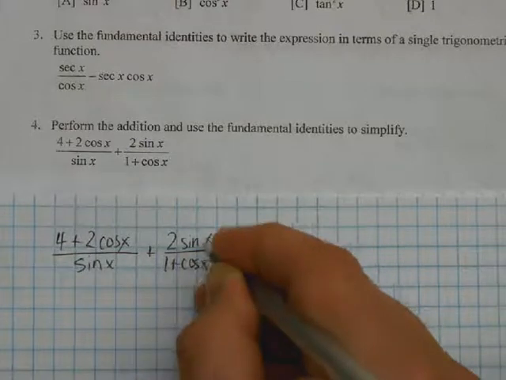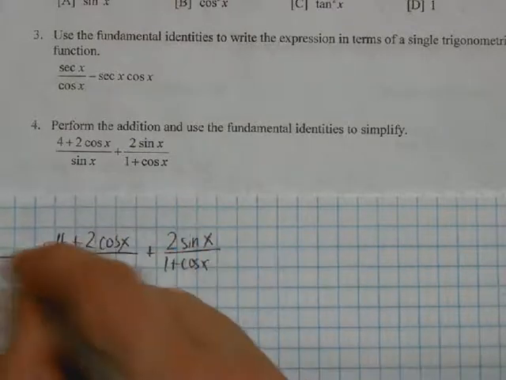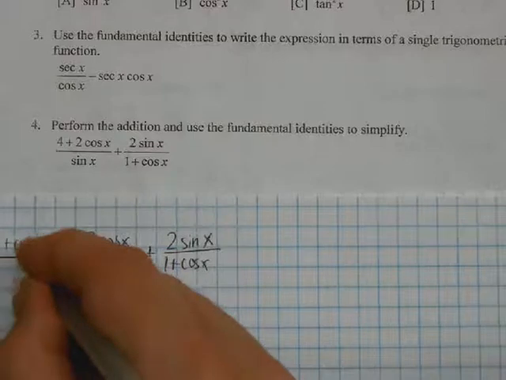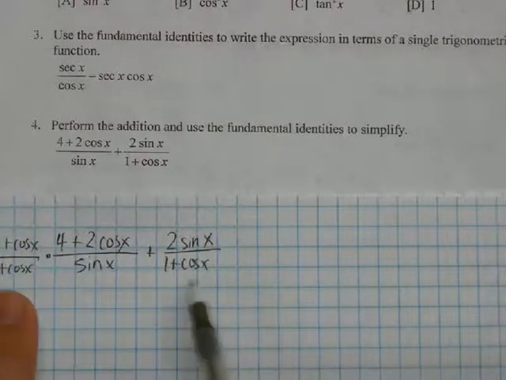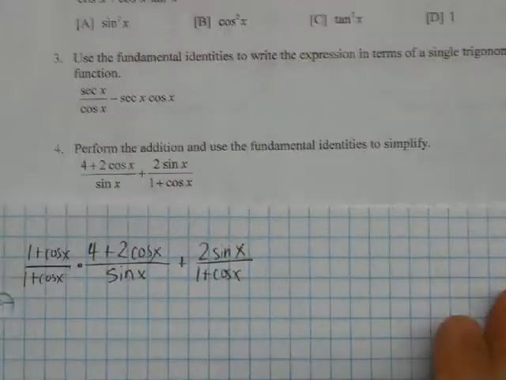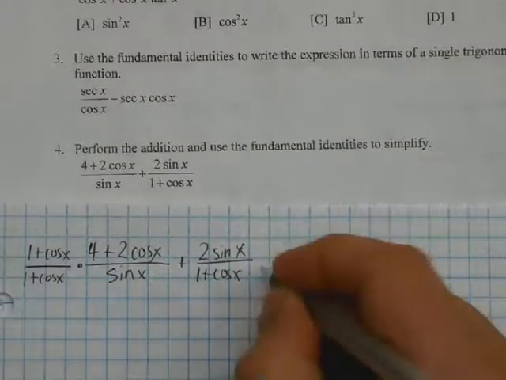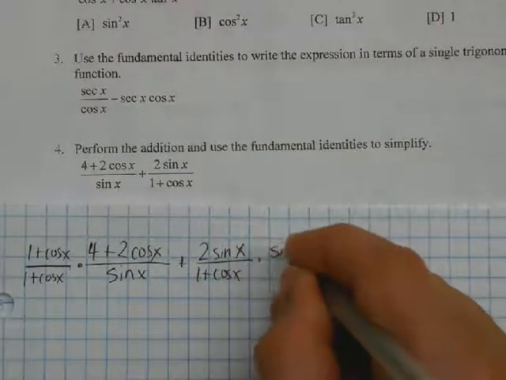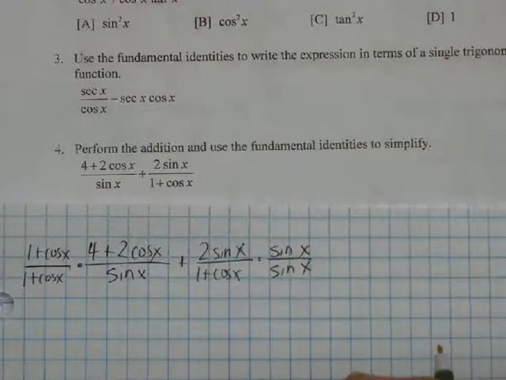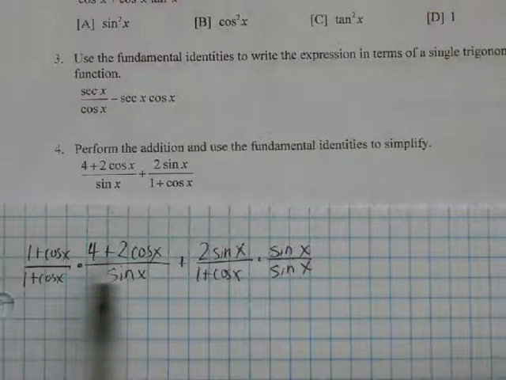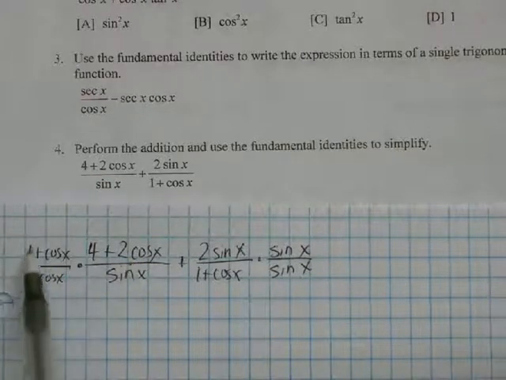Now the fraction on the left, I'm going to multiply by 1 plus cosine x over 1 plus cosine x. I chose that because that was the denominator of the right fraction. And then for this one, I'm going to multiply by sine x over sine x.